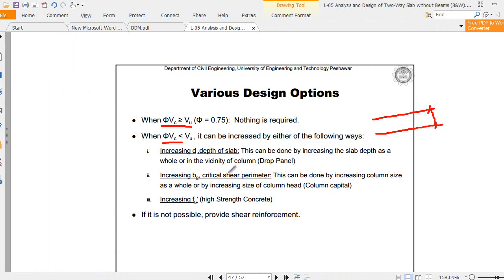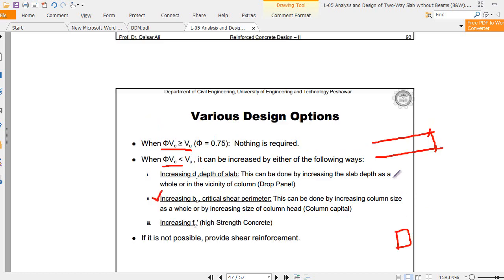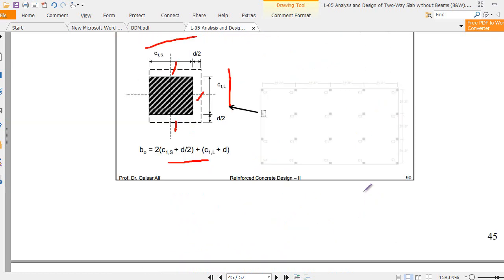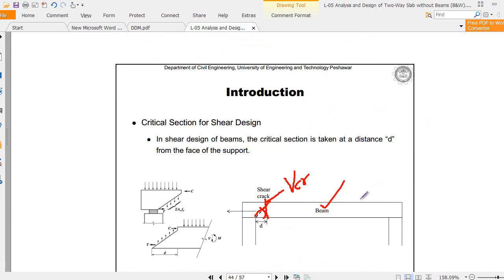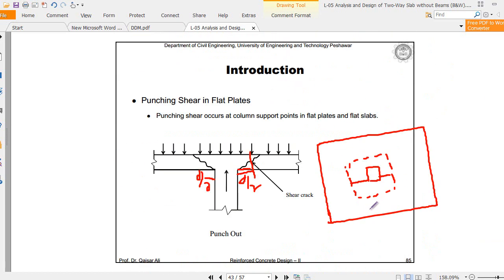Remember that basically, yes, you are increasing depth, then increasing your b naught. Now if you are interested to increase your b naught, for example, as you see in the picture here, if you are interested to extend this b naught to this point, then you have to use other internal arrangements, internal techniques.